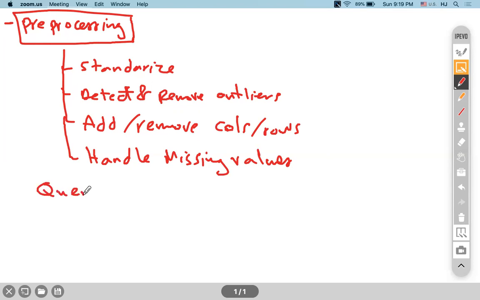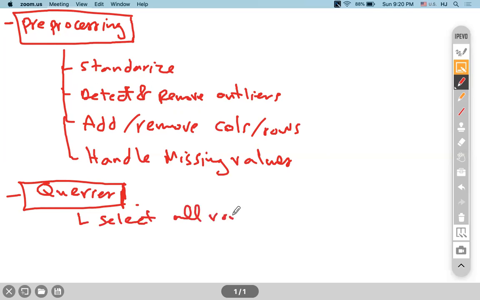After we do data pre-processing, we might need to do some queries on the data. We can apply different types of queries. You can get some request, let's say. You can select all rows that satisfy a certain condition, condition number 1.